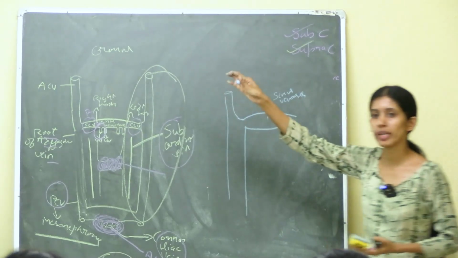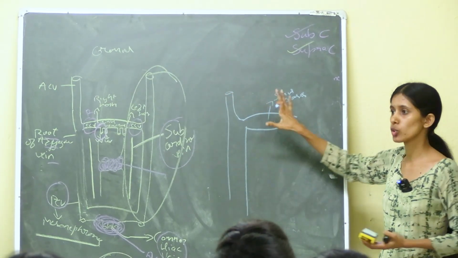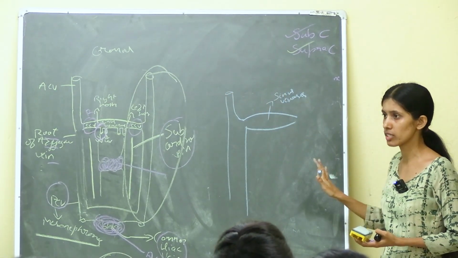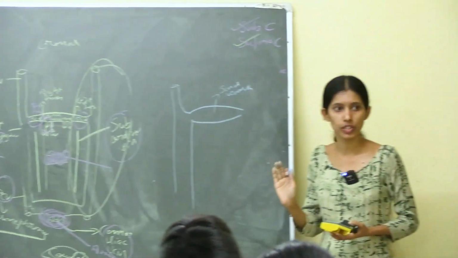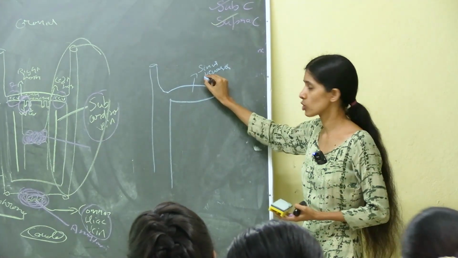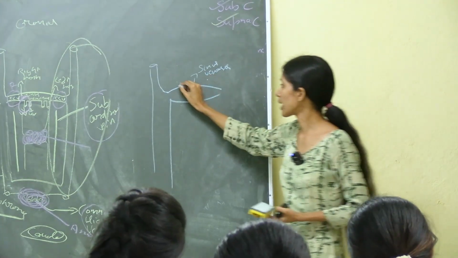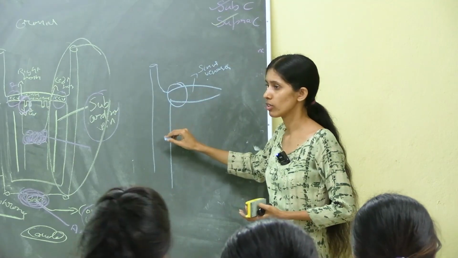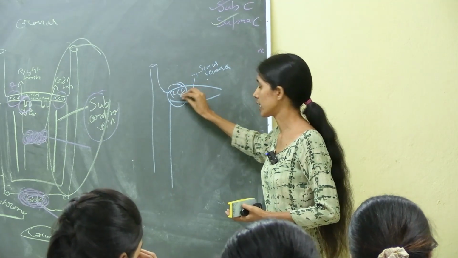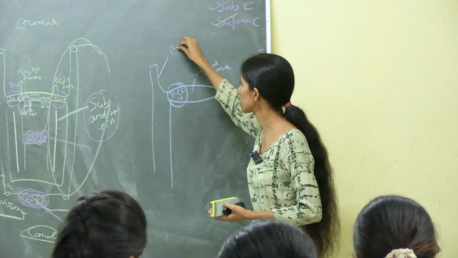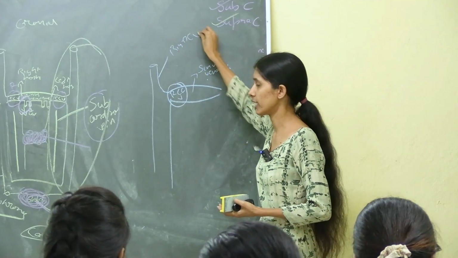So, in the development of the superior vena cava also, none of the left structure is involved. Only the right structure is involved, okay? This is your sinus venosus. On the sinus venosus, here we have right common cardinal vein, and this is your right anterior cardinal vein.